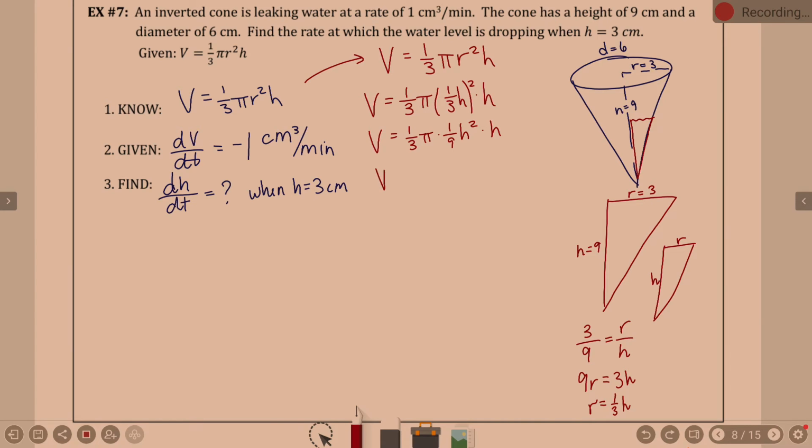We can clean that up and make it a lot neater, because 1/3 times 1/9 is 1/27. We can put the pi on top and say pi over 27 H to the third. So pi over 27 is just a coefficient out front. That's the formula you want to use now to do this problem. That volume formula does not always represent the volume of a cone, but it does in this case when we have the 9 and the 3.